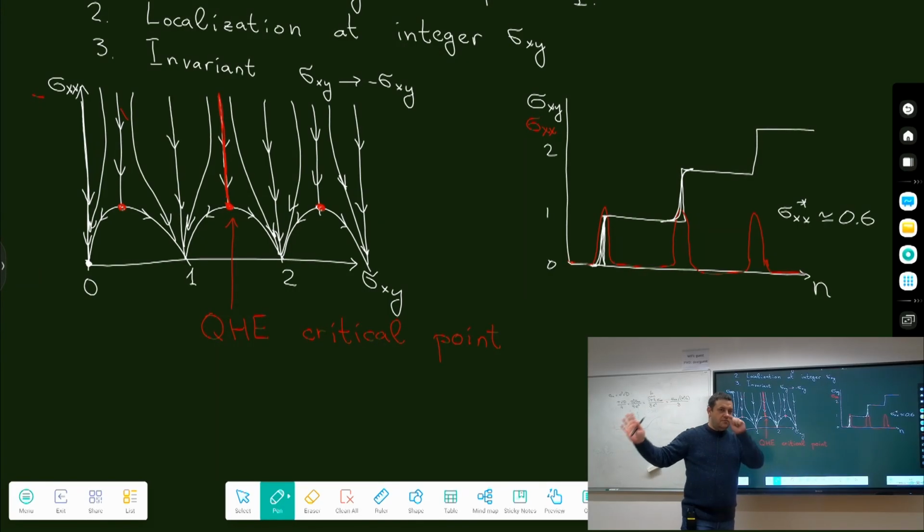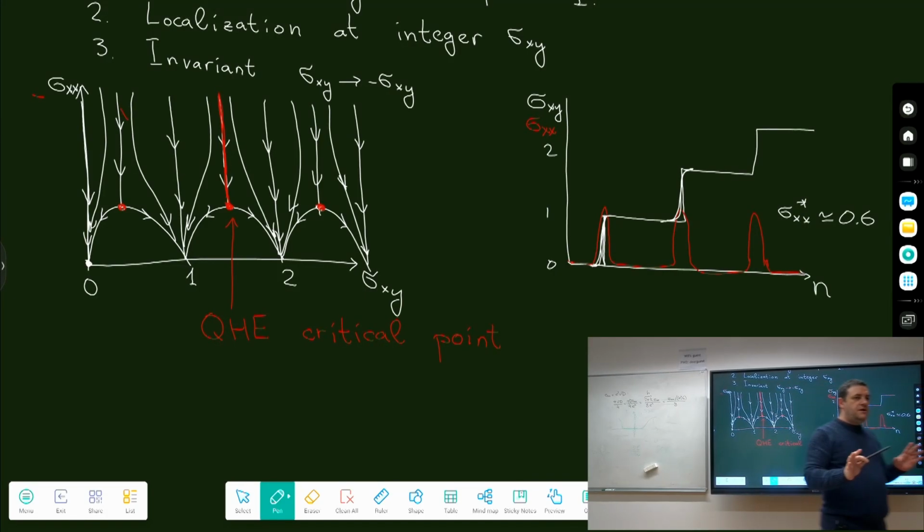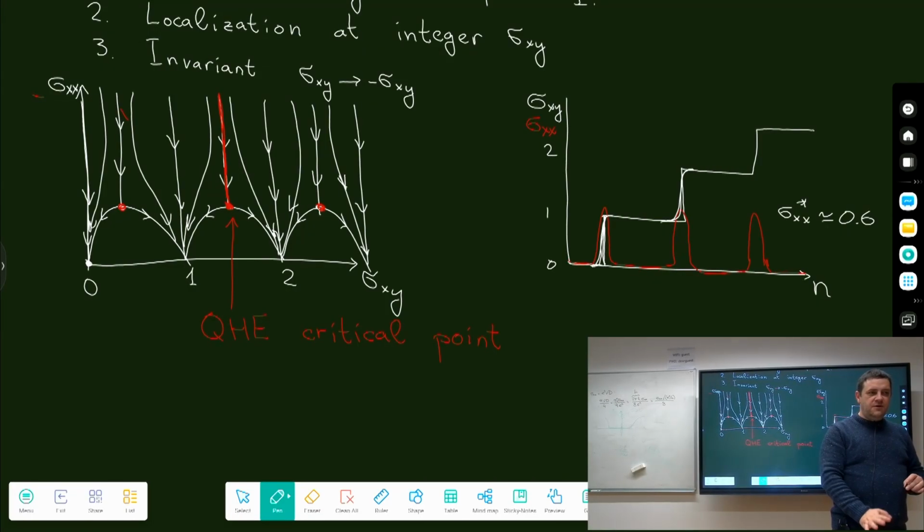But there are some extra arguments, for example, there is a Laughlin argument about this, that proves that this quantization should occur in the original sigma xy the same way it occurs in this term in the sigma model. Okay, so for large n, this parameter is correct. For small n, it's trickier, but it is still correct.